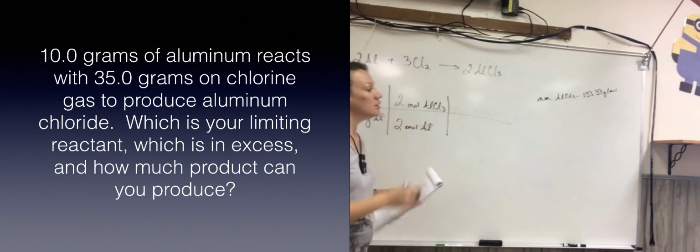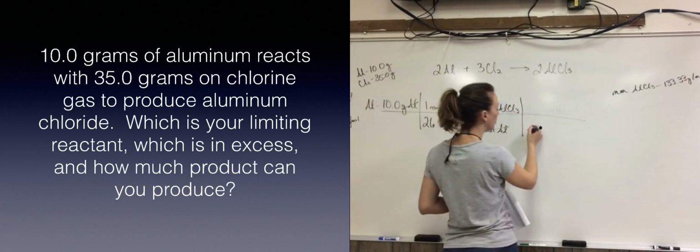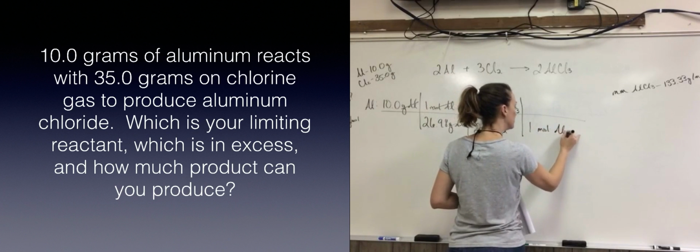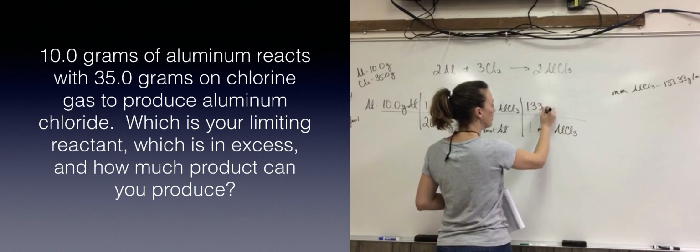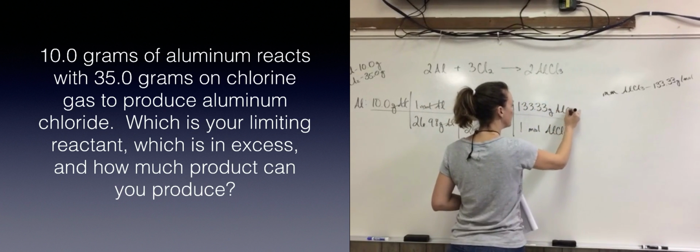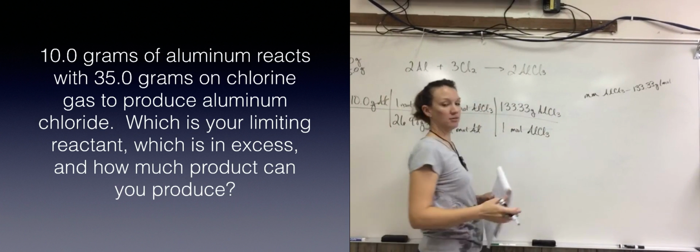Okay? So let's take this number and plug it in here. I need the moles to cancel out, so that 1 mole from my molar mass needs to go on bottom. And that 133.33 grams needs to go on top. So my moles of aluminum chloride cancel out.